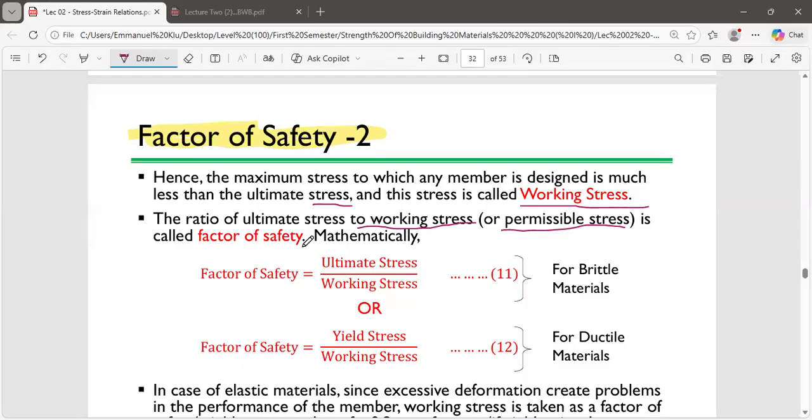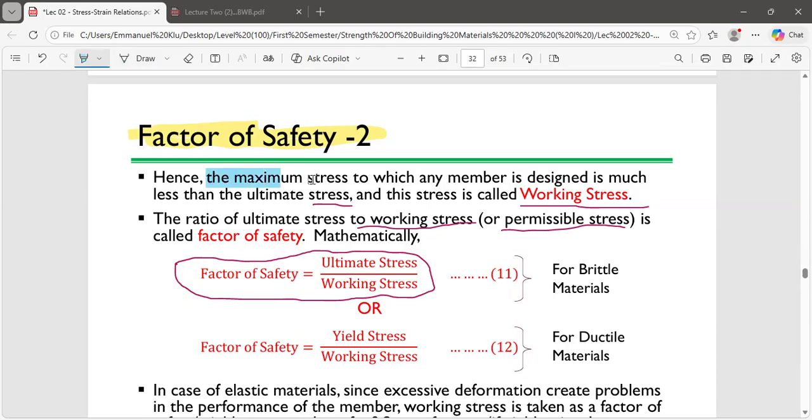So mathematically, the factor of safety we have been talking about can be calculated using the formula: factor of safety is equal to the ultimate stress, that is the maximum stress, over the working stress or permissible stress. What did we say the working stress is? We said that when we started reading from here, let me quickly highlight this point too.